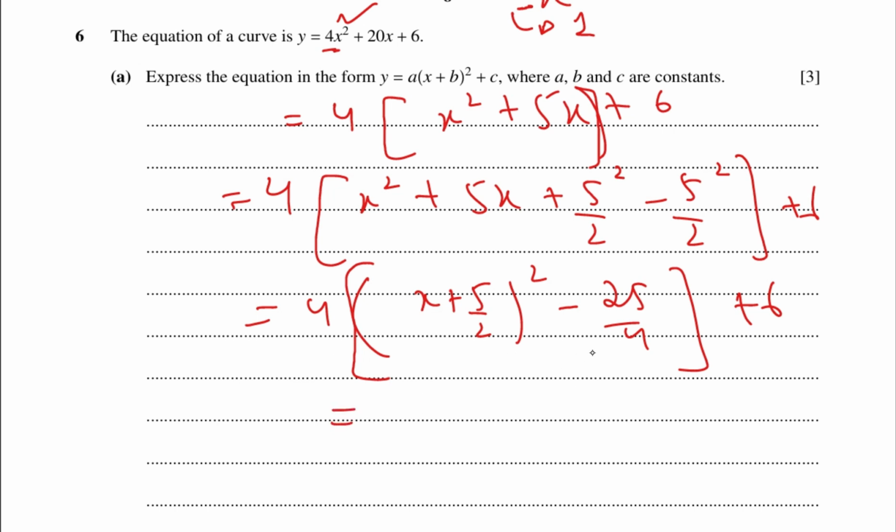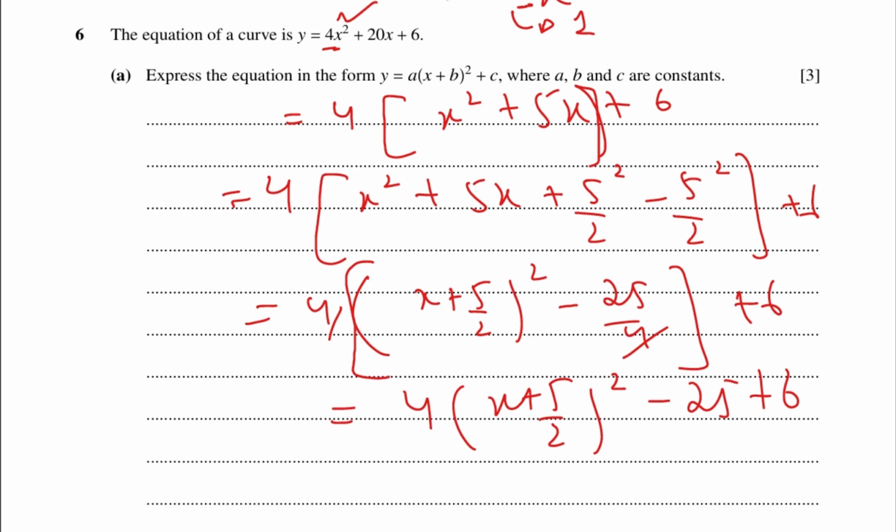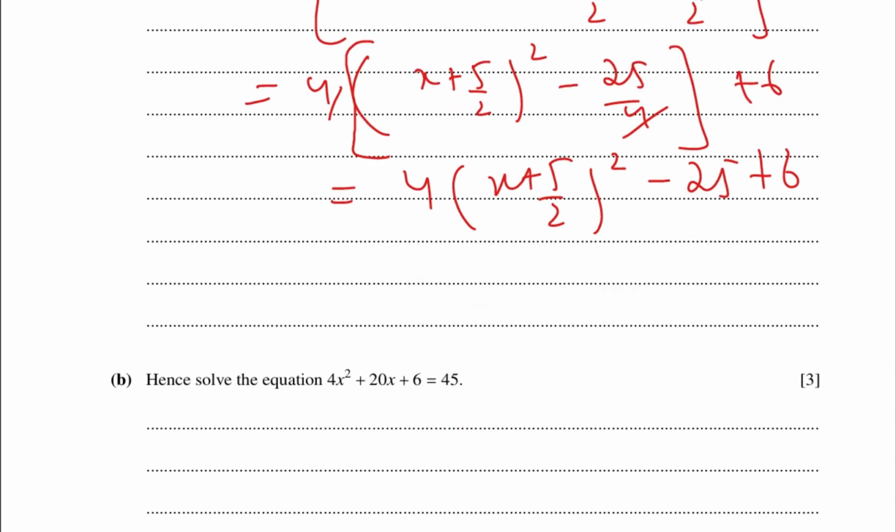The 4 will be multiplied into this 4, it will be cancelled out, and this 4 will remain. 4 times (x plus 5 over 2) square minus 25 plus 6, and we will be left with minus 19.